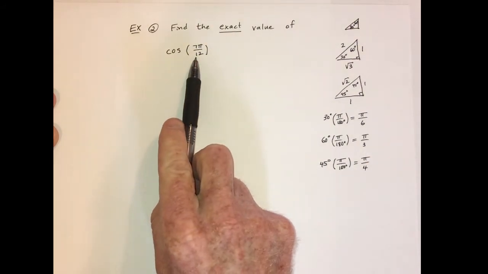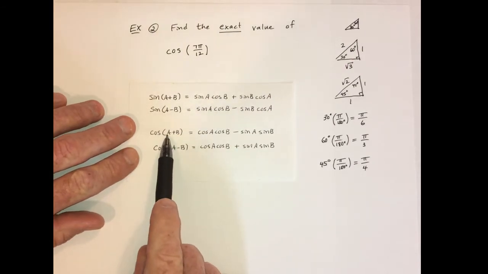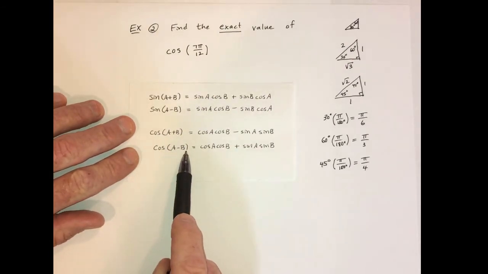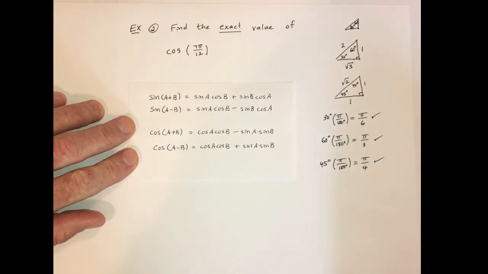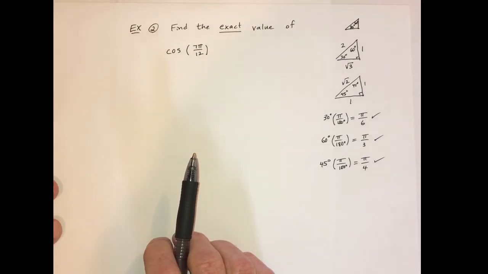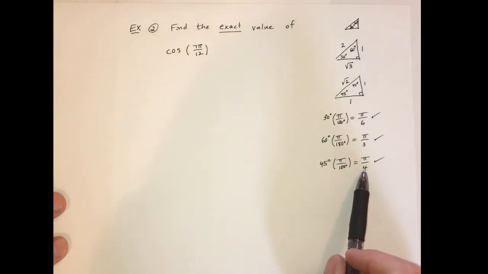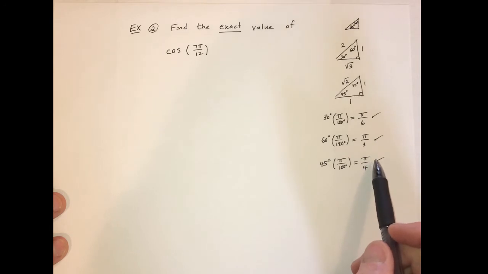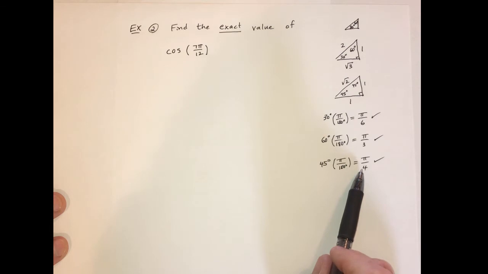Okay, so this 7 pi over 12, for one thing, is probably an a plus b or an a minus b. So from this list, is it possible that we could add 2 of those together and get 7 pi over 12? Or subtract 2 of them and get 7 pi over 12? Although I think it's going to be adding them together. So let's see. If, for example, I took these last 2, so this is 1/3, and this is 1/4.